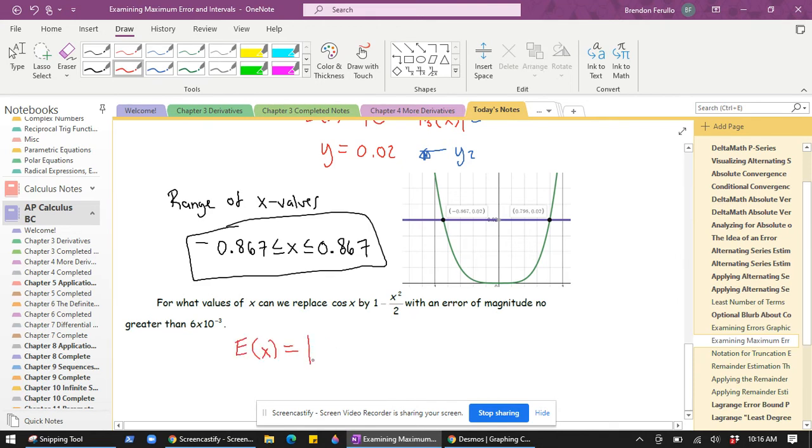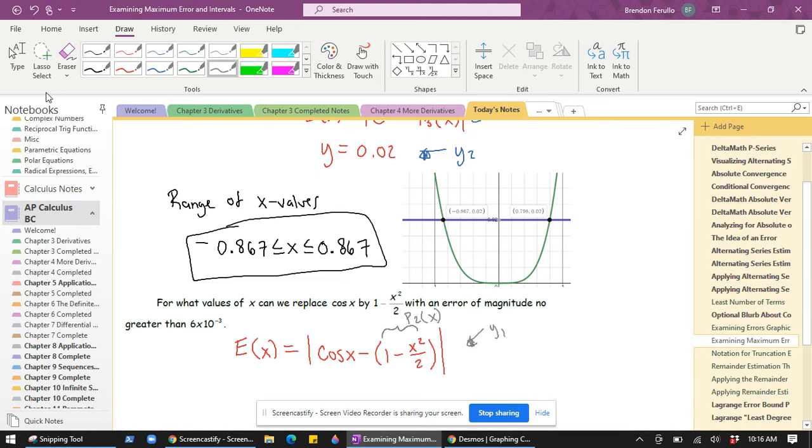Our error will just be the absolute value of cosine of x minus, this time I'll just punch it in exactly just to remind you what that is. That's also known as the second degree. And that's going to be in y1, or in one equation.